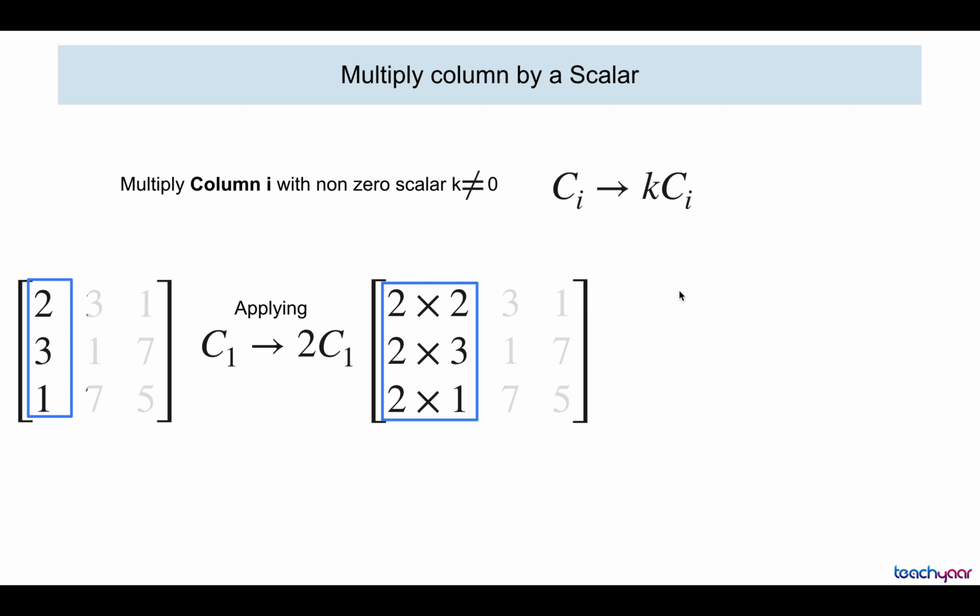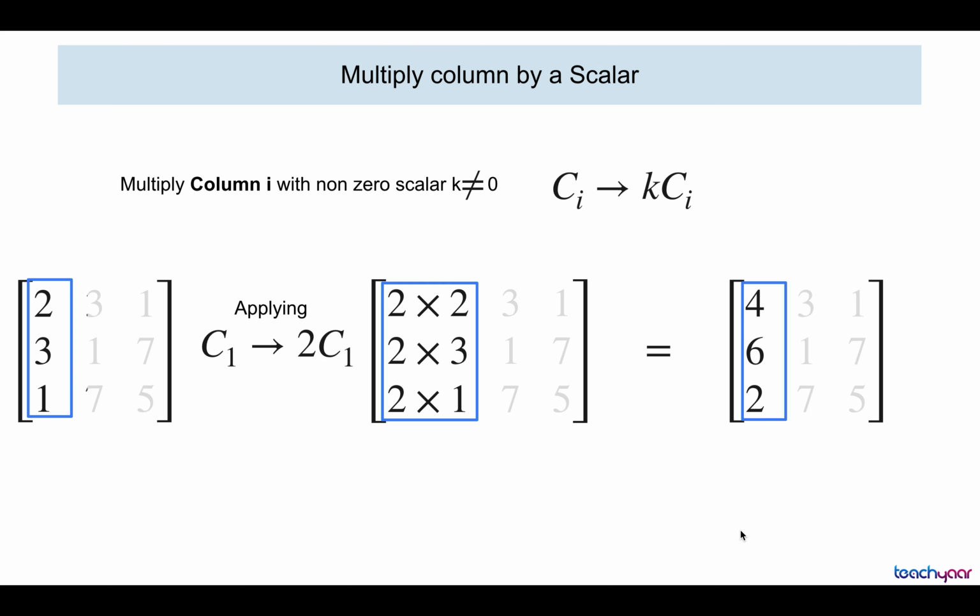Take every element in that column, multiply it by 2, and what you end up with is 4 6 2 as the first column instead of 2 3 1. As you can see, the other columns are unchanged. It's just the first column that has undergone a transformation. So that is the second elementary operation where you can take either a row or a column and multiply it by a scalar.